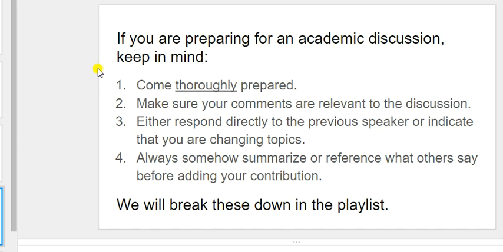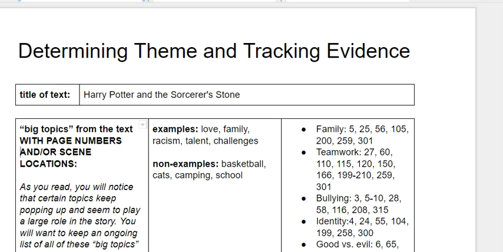Well, obviously, the first thing you need to do to prepare is to actually read that text. Our academic discussion is going to revolve around the theme of the text. So we need to figure out what the theme is first, and that's a process you're going to go through as you read the entire text.